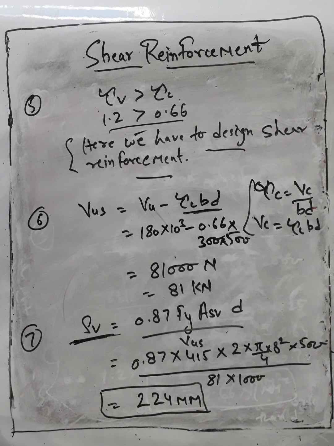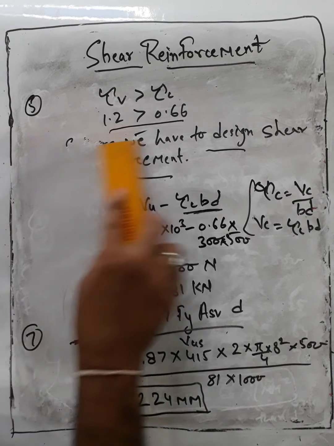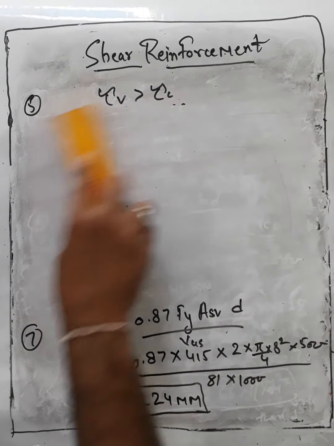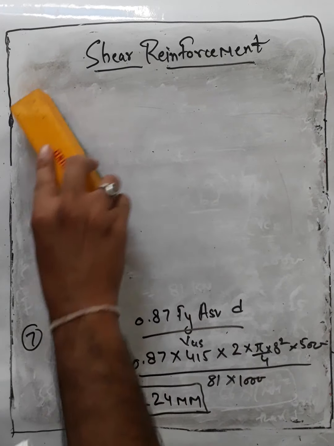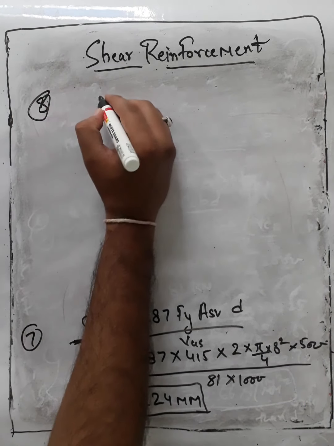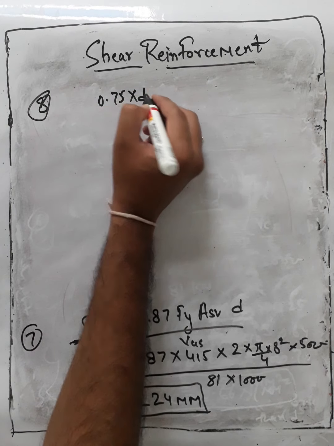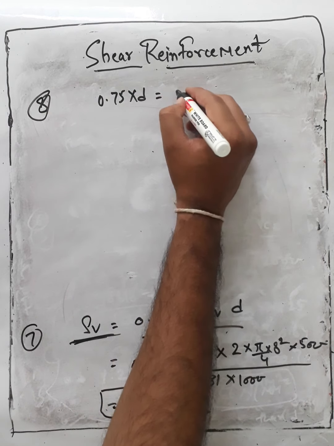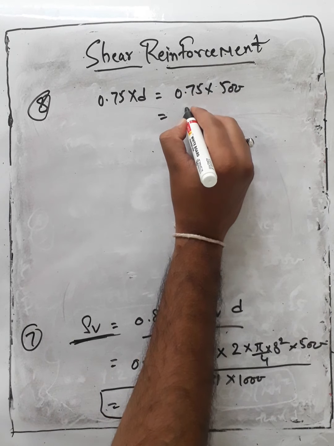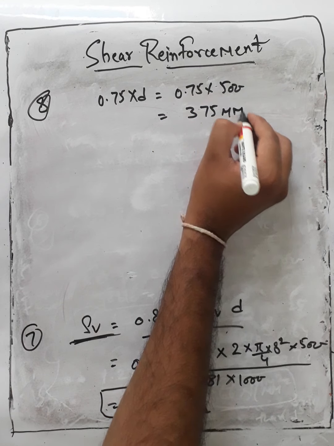But in our previous lecture we discussed one criterion, that we have to provide maximum spacing. Maybe this spacing is more, so we have to check whether the spacing provided is safe or not. How do we check this spacing? First, 0.75 into d for vertical spacing: 0.75 into 500 gives 375 mm.